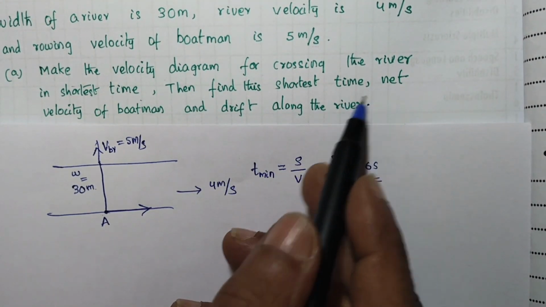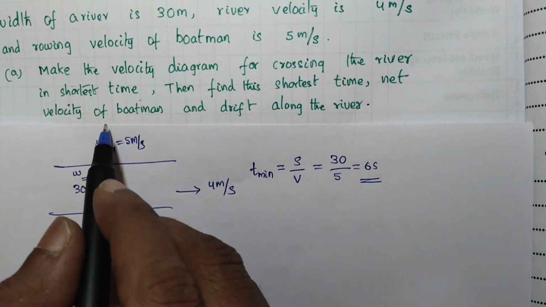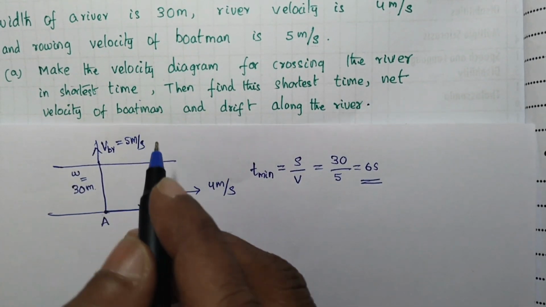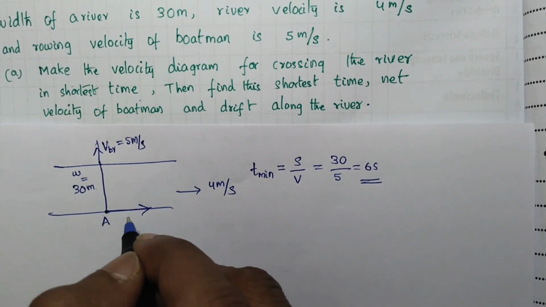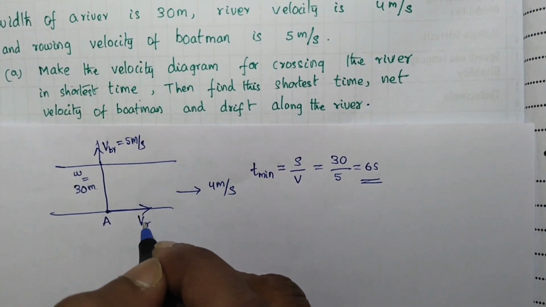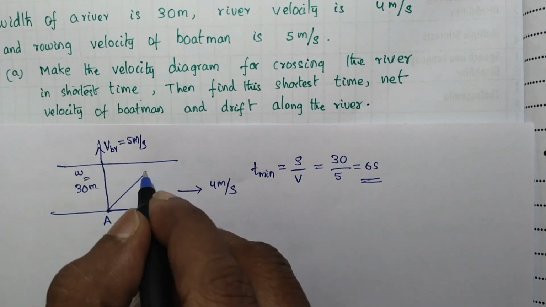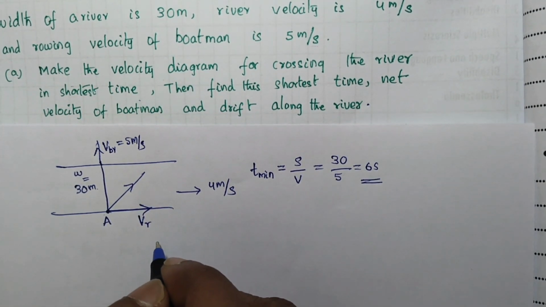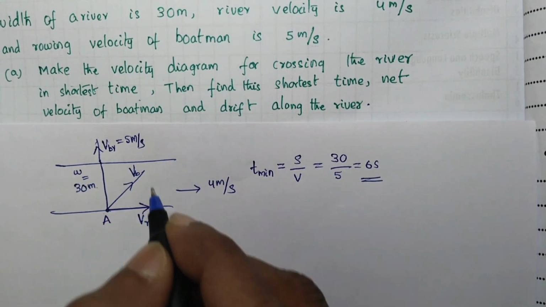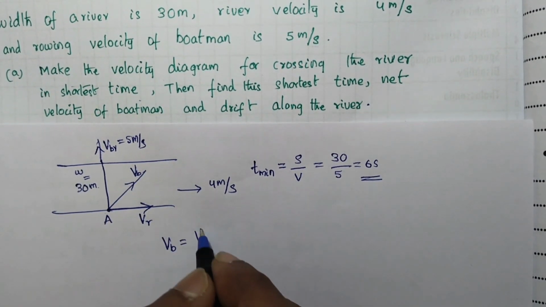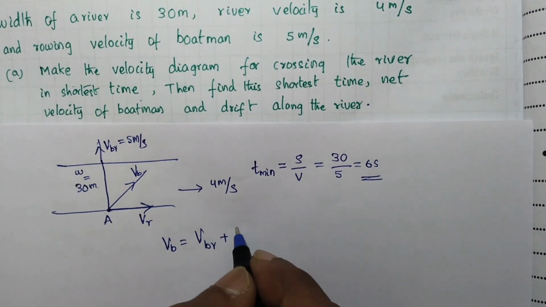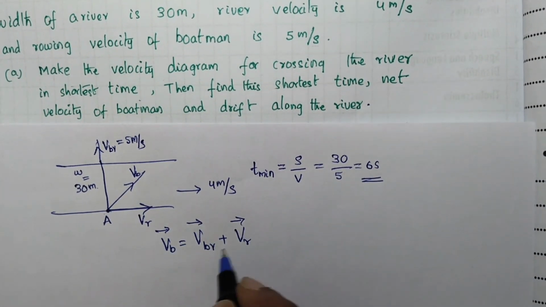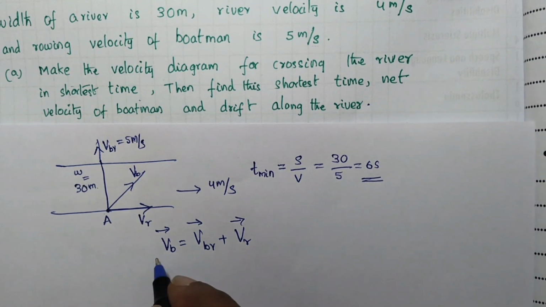And also, what is asked here, the net velocity of the boatman. Net velocity means the river velocity VR is in this direction, VBR is in this direction, so the net should be in this direction. So the net velocity VB is equal to VBR plus VR, and this is vector addition.